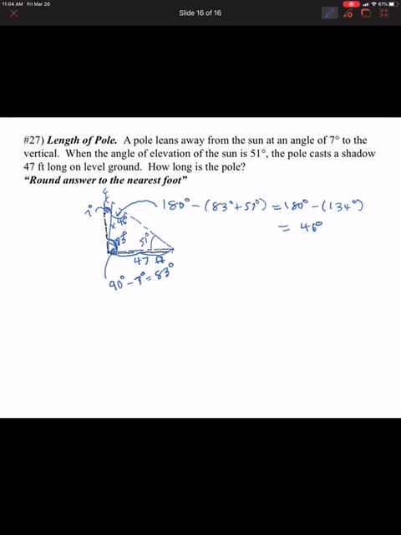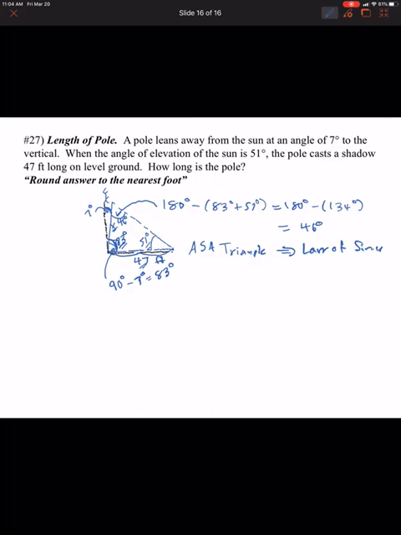With that, we've got enough information. In this problem, what type of triangle are we given? We have an angle-side-angle triangle. With that type of triangle, we can use the law of sines to find the side X, that pole's length.